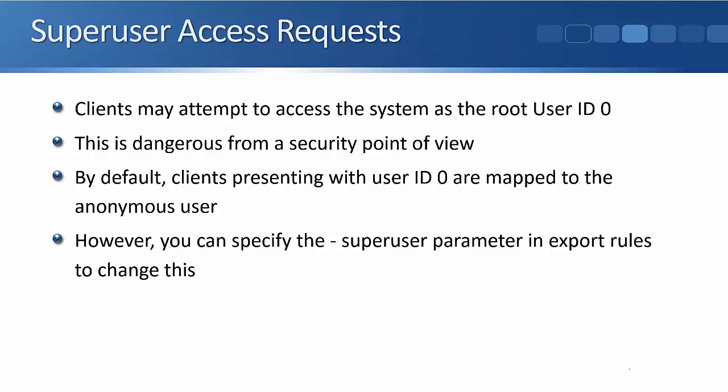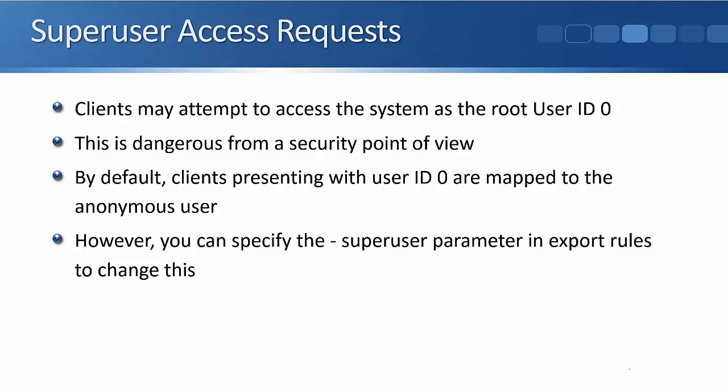Okay, the last thing to cover here on this topic is superuser access requests. Clients may attempt to access the system as the root user ID 0. This is obviously dangerous from a security point of view because root is the superuser and can do everything on the system. So by default, clients presenting with user ID 0 will be mapped to the anonymous user.